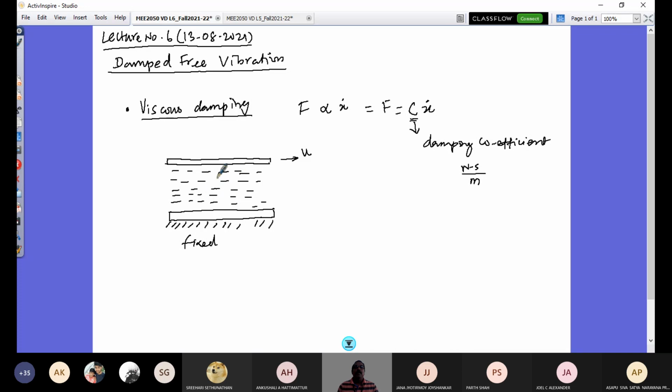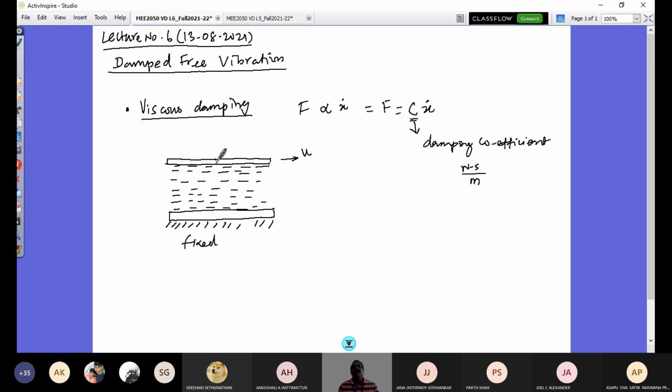Now if you look at the fluid in contact with the moving plate, it would have the same velocity as that of this plate. The fluid in contact with the fixed plate will be stationary. So the fluid would have motion as this plate moves relative to the fixed plate, and the fluid can be imagined as layers, and every layer would have its own velocity.